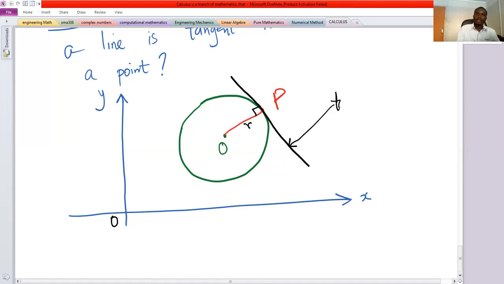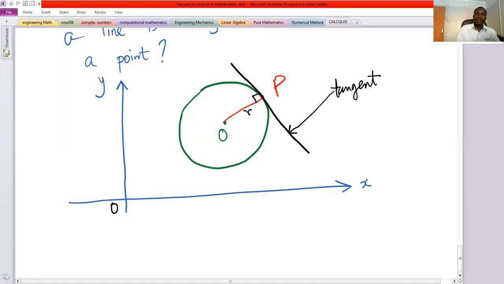So this is tangent. So with respect to this diagram of a circle, a line that makes 90 degrees with the radius of the circle and touching one point of the circle is called a tangent.